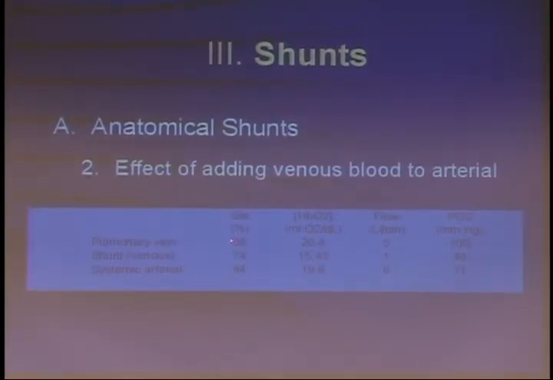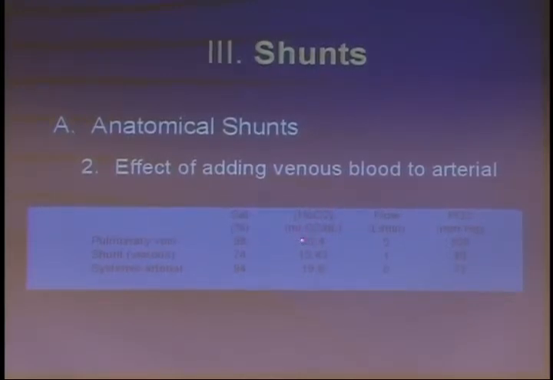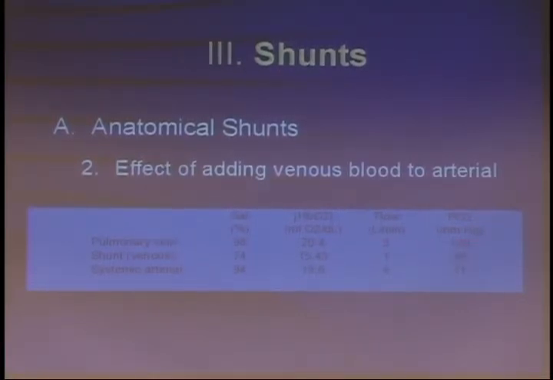If there's a normal concentration of hemoglobin, then in the form of oxyhemoglobin, it'll contain 20 milliliters of oxygen per deciliter. We'll have it flowing at a usual cardiac output of 5 liters per minute and a typical PO2 of 100 millimeters of mercury. So that would essentially be the blood going into the systemic arteries after it's gone through the lungs.